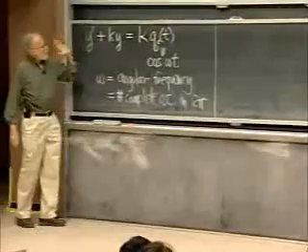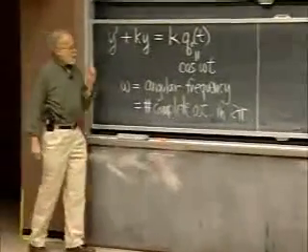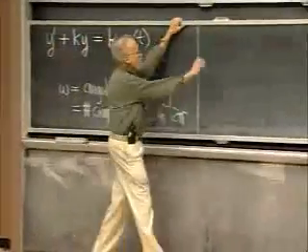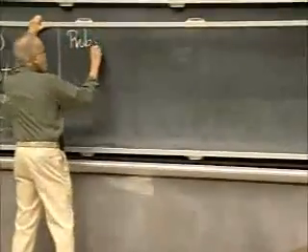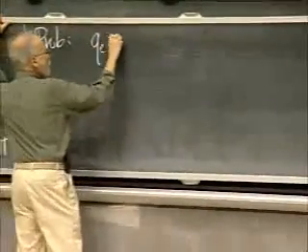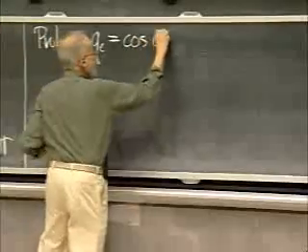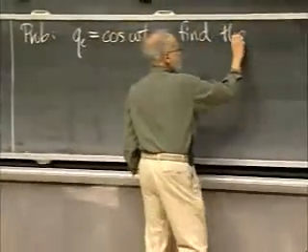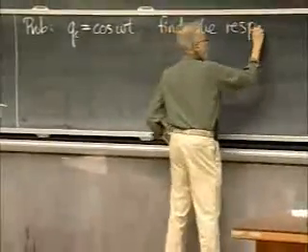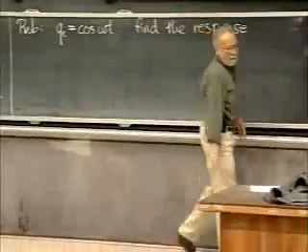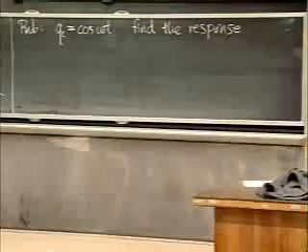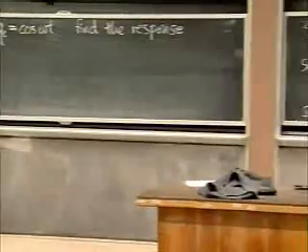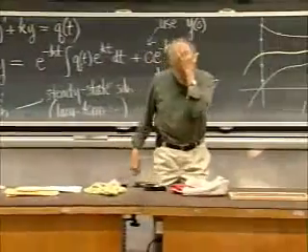Okay, now, what I'm out to do is, the problem is, for the physical input q of t equals cosine omega t, find the response. In other words, solve the differential equation. In short, for the visual that you looked at, I've forgotten the colors now.